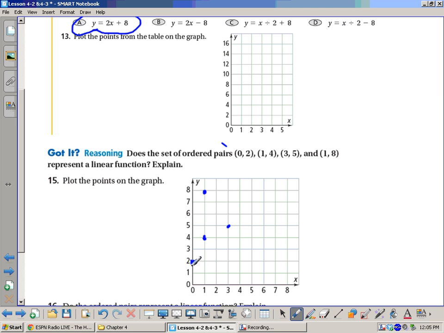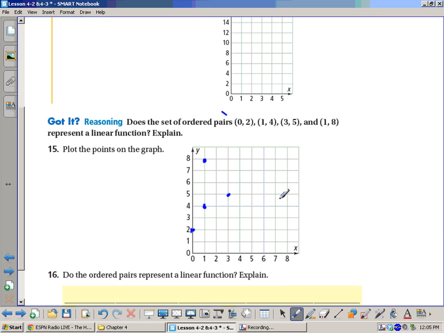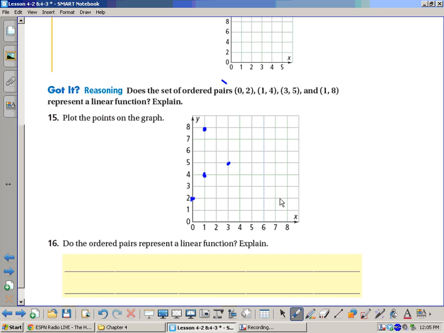Well, we can see that if we connect these, it does not create a line. So this is not a linear function. It's not even a function, because if we look at this, 1 is being assigned to 2 values. So this is not a function, let alone a linear function.